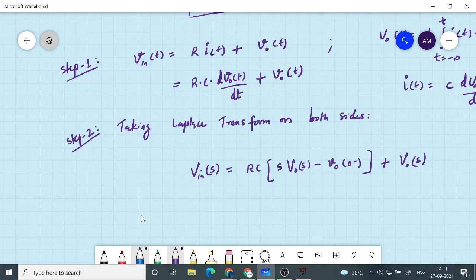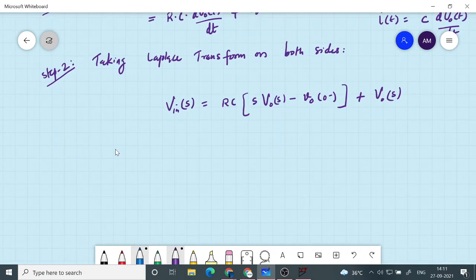Now we can go to step 3, which is algebra. You bring the unknown to one side, that is V0. So I can write it as RC S plus 1 into V0 of S. So that is the unknown I have, and then minus RC into V0 of 0 minus.